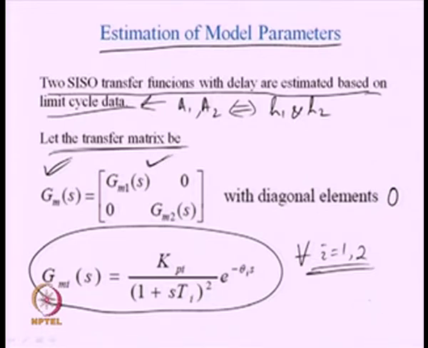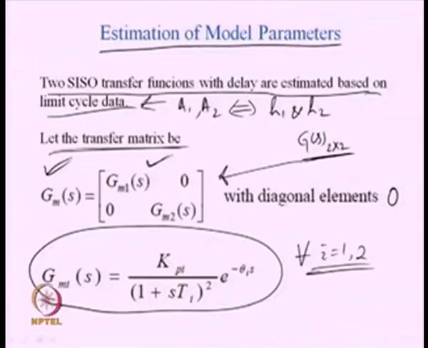Okay. So, this is how the dynamics of the 2 by 2 system can be identified by two single input single output subsystems which have the transfer functions GM1(s) and GM2(s).